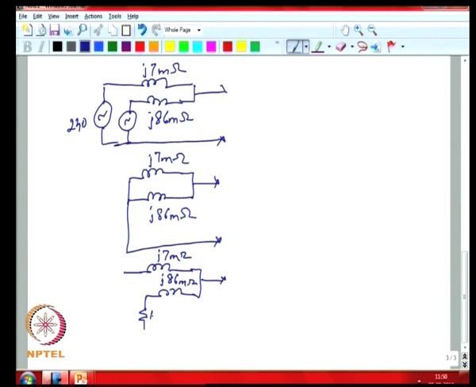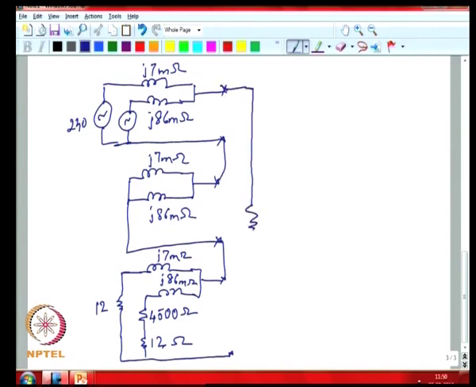So, in your sequence network you would have 3 times that, which is 4500 ohms, plus the grounding resistance of 12 ohms at load 1, and you have 4 ohms at the source, which shows up as 12 ohms equivalent, and you have IF by 3 flowing through the circuit.